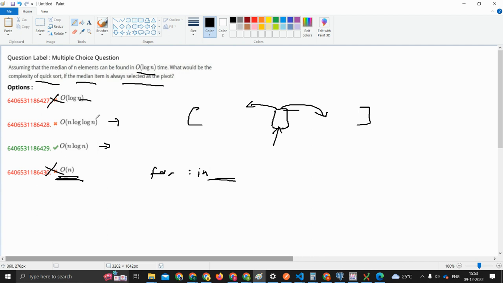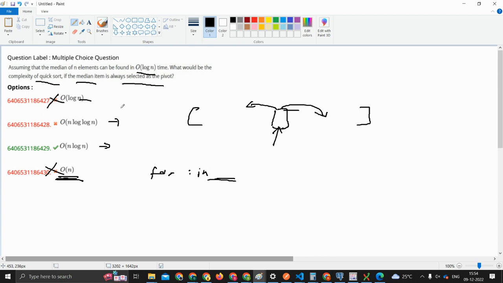Okay, go ahead, Anwar. Median of median means it will be n log n only, because finding the median is log n. After that, when the recursion expands, at most it can be n.